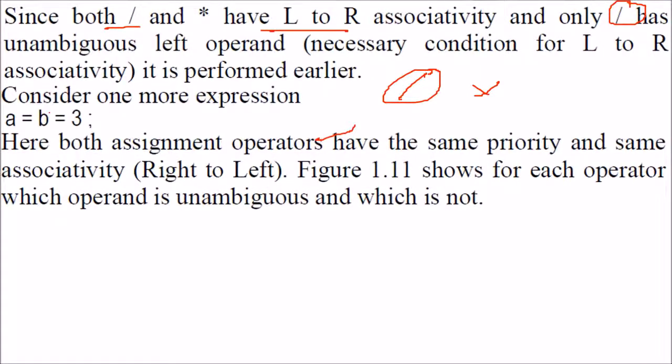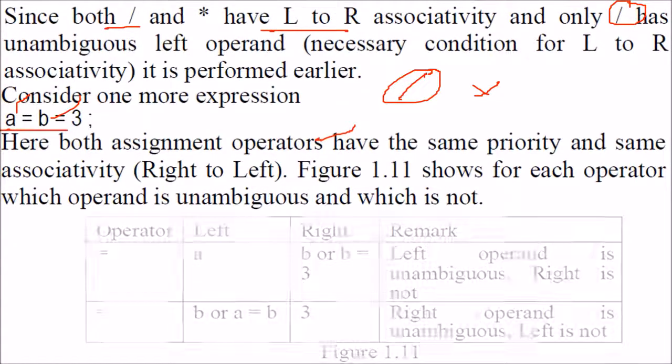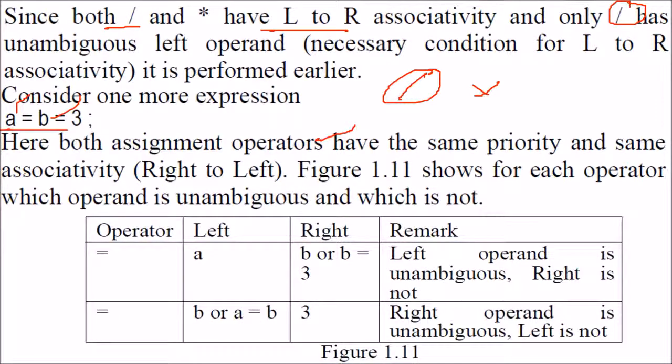We'll consider one more expression. A equal to B equal to 3. Here both the assignment operators have the same priority. First of all, we look at both the operators. For the first one, the left is unambiguous, it is clean, but on the right we don't know whether it is B or B equal to 3.